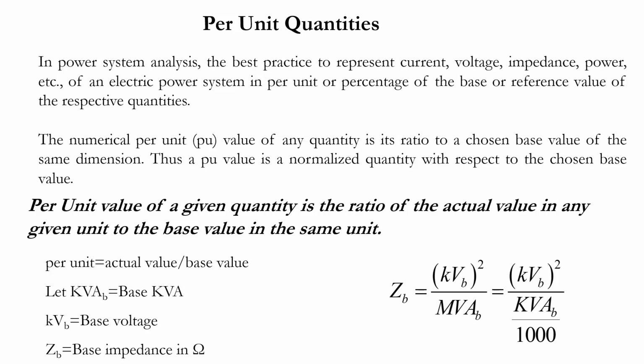Again, current is taken in terms of voltage and power. So, we can say that Z base is kVB square divided by MVAB. This is the square of voltage base divided by power base. Since power, if it is in MVA, to take it in kVA, divided by 1000.